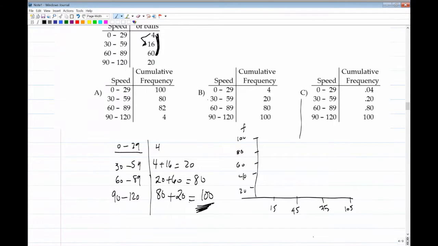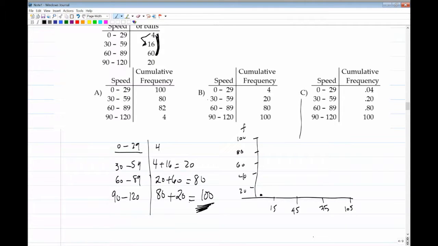So you can see very clearly the first class, between 0 and 29, we have 4, which is very small, very close to the x-axis.